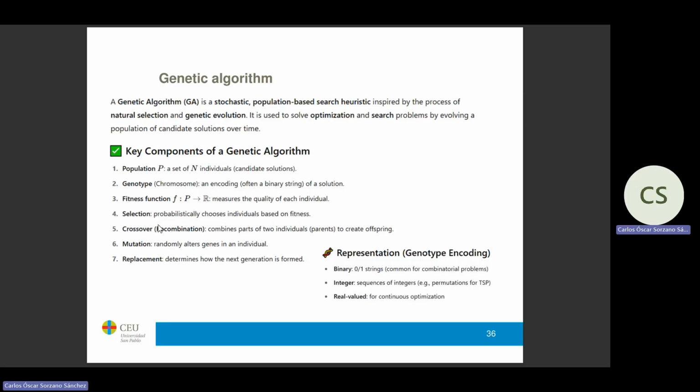And then there are some actions on the genetic evolution. The first one is crossover. The crossover combines parts of two individual parents to create the offspring. So you take two parents and somehow you combine their chromosomes.